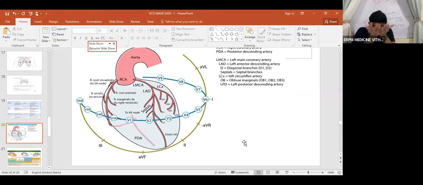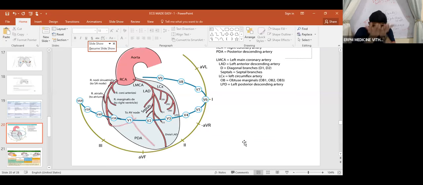Understood, guys? Now look here. AVR is not significantly looking at the point. It has some other significance. We'll discuss that later in my proper ECG class. Now we have said V1, V2 look at the septum.